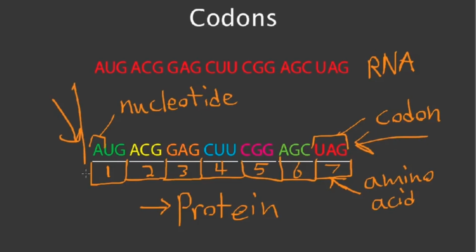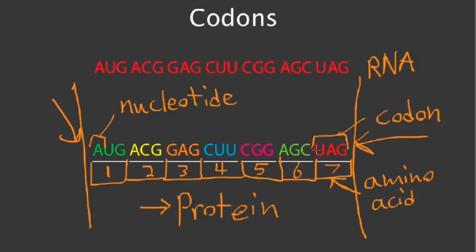And so the beginning here and the end of these proteins need to be signaled. And how codons and RNA do this is they have certain universal codons that code for a protein to start and for a protein to stop.